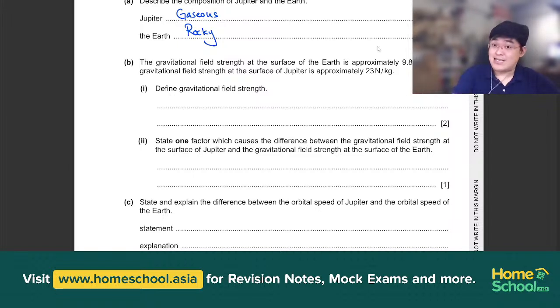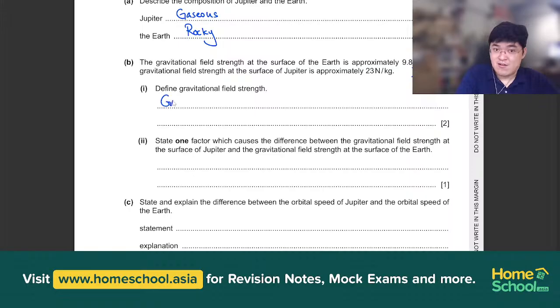The clue is in the units of the gravitational field strength. You see, it is newtons per kilogram. So pretty much gravitational field strength is the force exerted per kg, per unit mass.